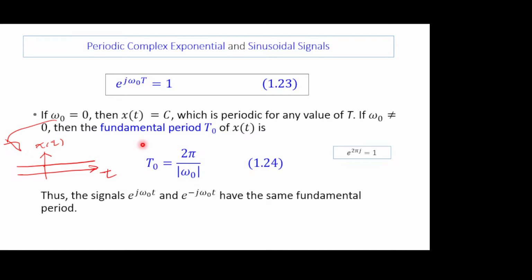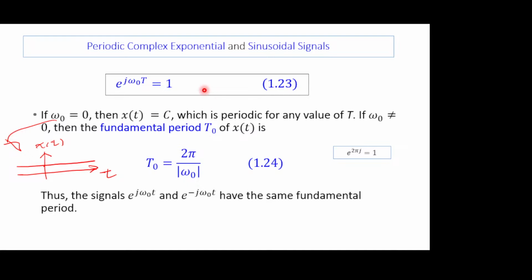And it's pretty easy to convince yourself that a constant function is indeed periodic. Actually, it's periodic for any t, because if you shift by any value, a constant function is still a constant function. Okay. So that's very periodic, although its fundamental period is kind of undefined, but whatever. It's a special case.